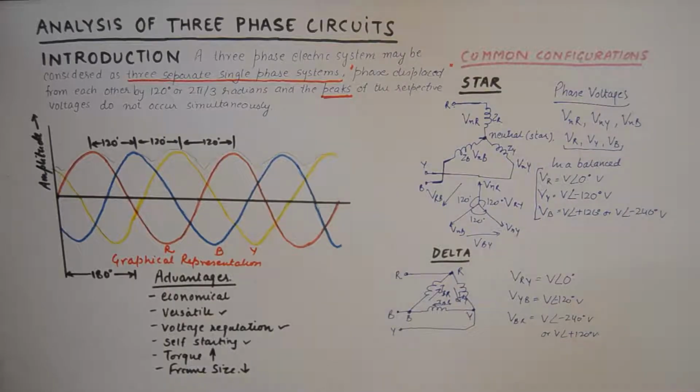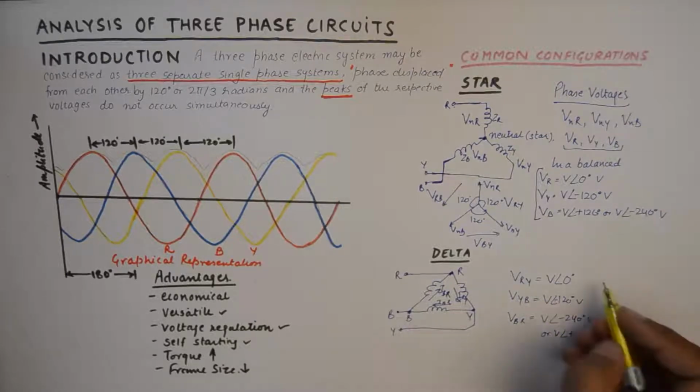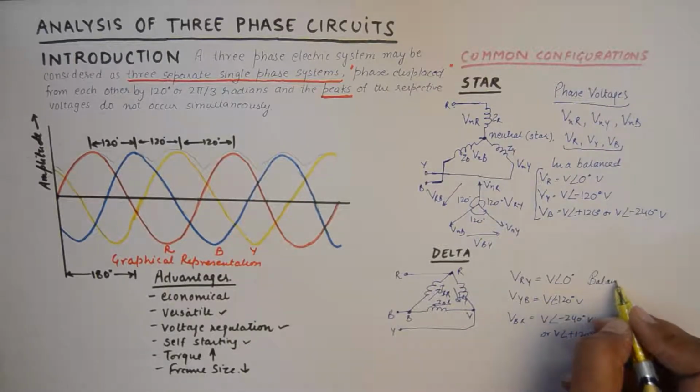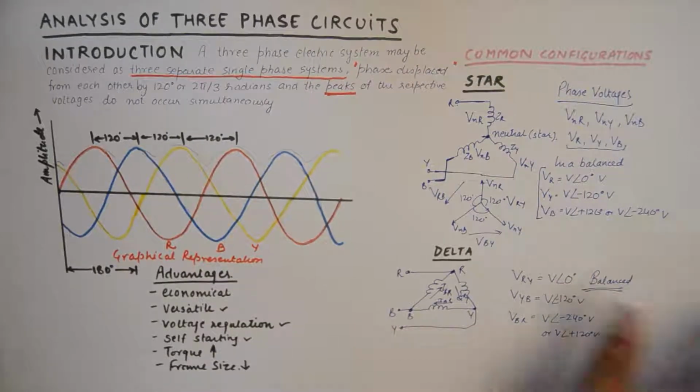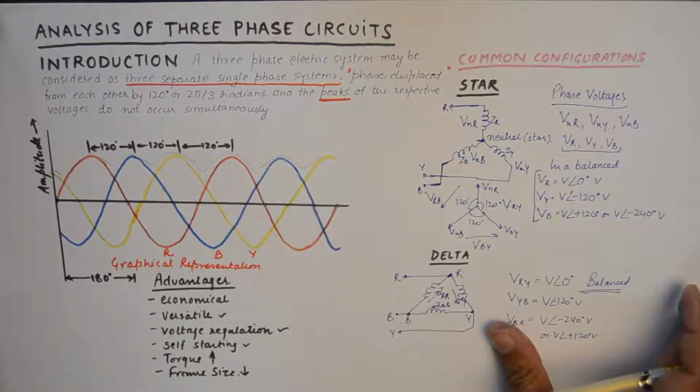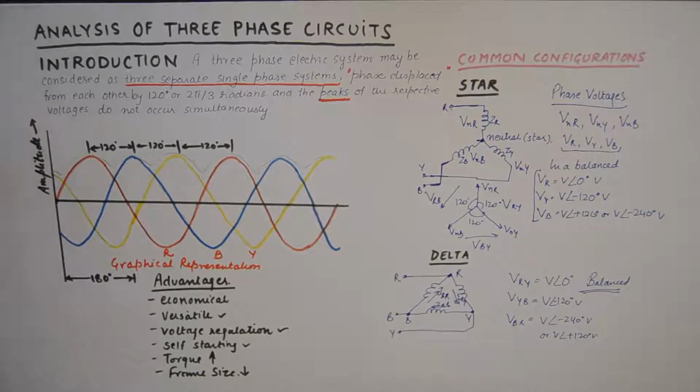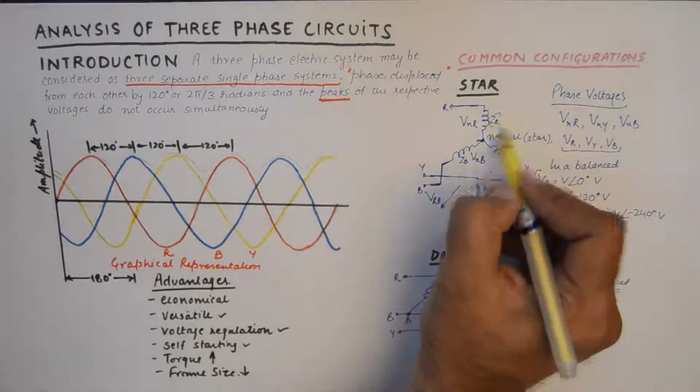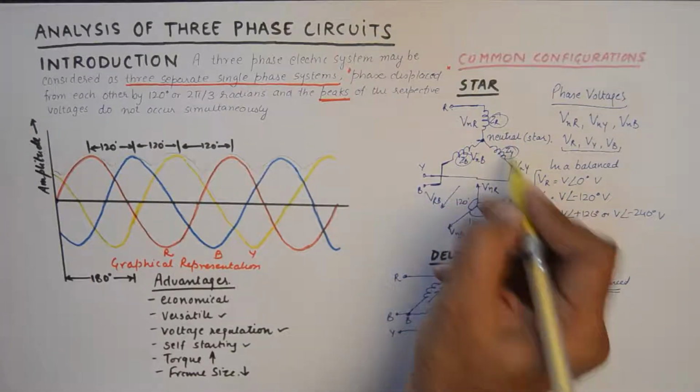So this is how a delta connection will look like, and of course the delta connection offers the line voltages. In a balanced delta connection, it is super important to understand that we are talking about the balanced conditions here for the sake of simplicity. Balance means that these impedances are going to be the same.